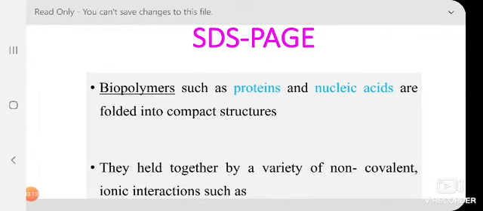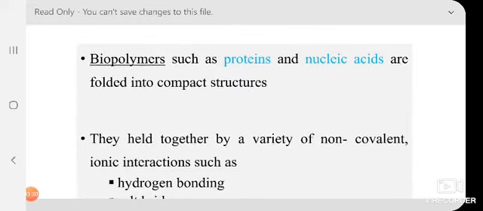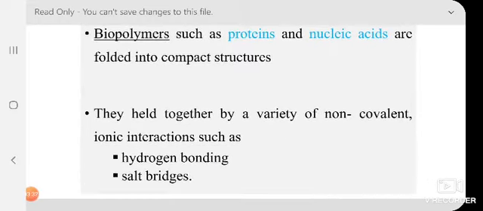Always the question comes on the principle, procedure, instrumentation, detection, as well as the application. So we need to tell something about why SDS is required. Biopolymers such as protein and nucleic acid are folded into compact structures. We all know they have their three-dimensional structure, and because of that they are in the active state.